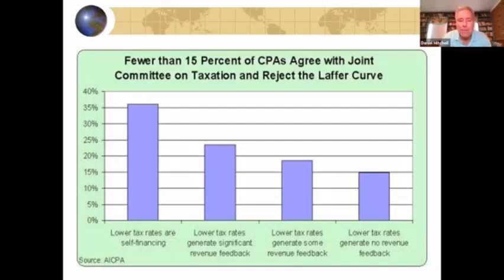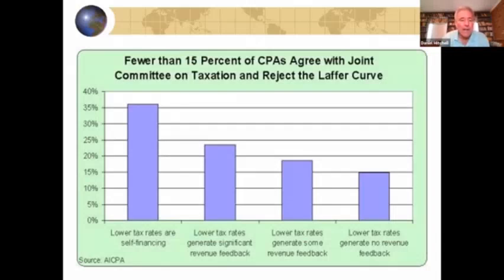And I asked them what their thoughts were on the Laffer curve. And you can see the 4 different options they had to answer. And again, CPAs, these are probably not people who are libertarians. They're just people who are professionals who do taxes, especially complicated taxes for investors, entrepreneurs, and businesses.